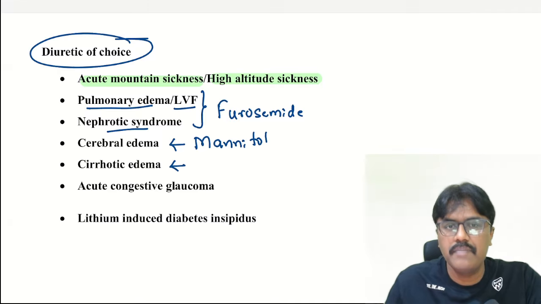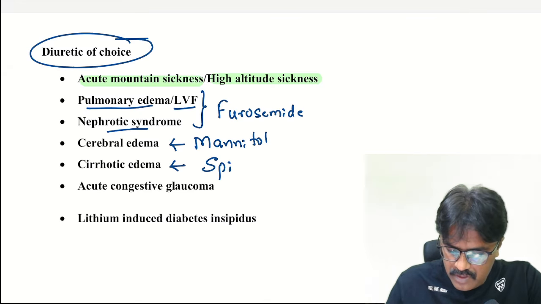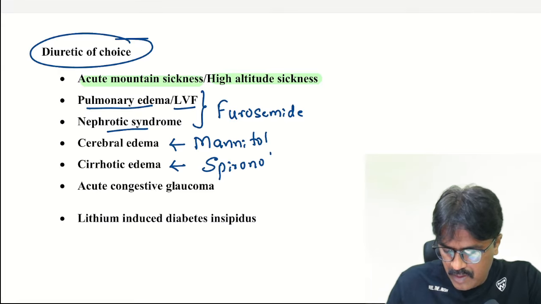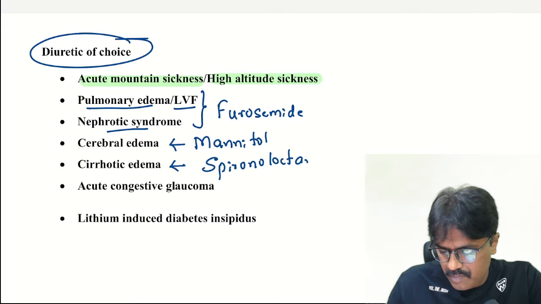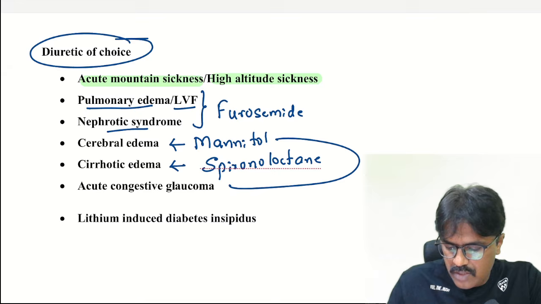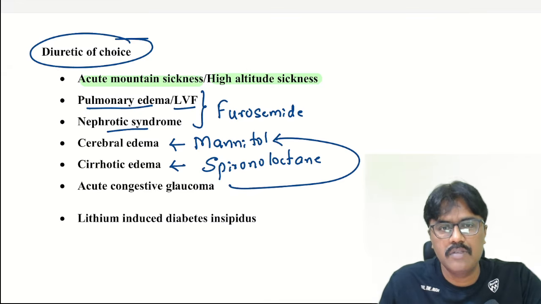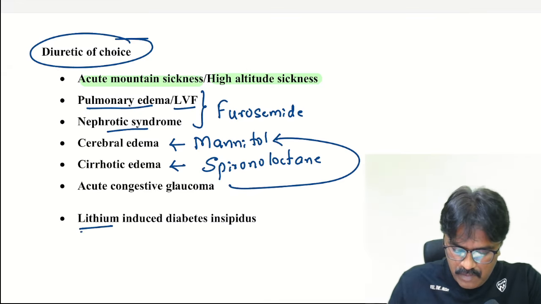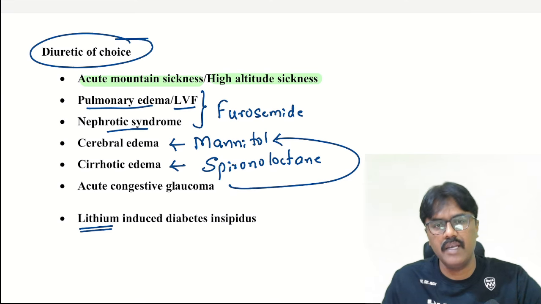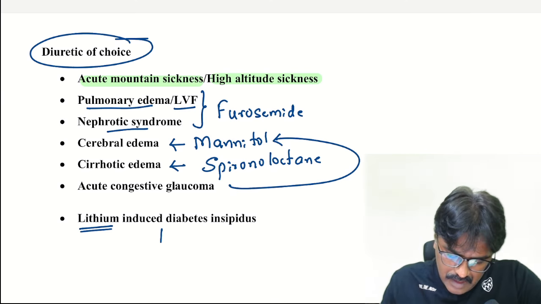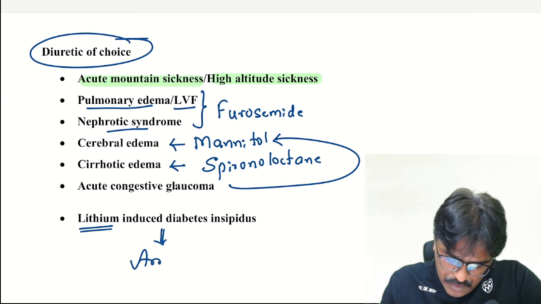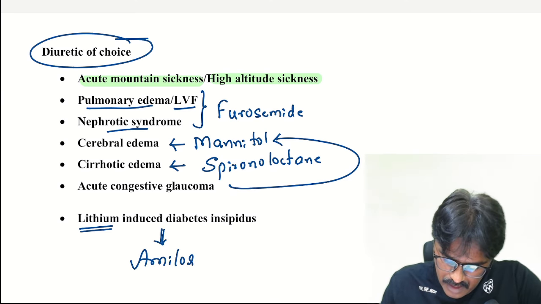Cirrhosis and edema, the diuretic of choice is spironolactone. Acute congestive glaucoma, the diuretic of choice is mannitol. Lithium, when we give lithium for mania, it can induce diabetes insipidus. The drug of choice is amiloride. Amiloride. So all these are tested.